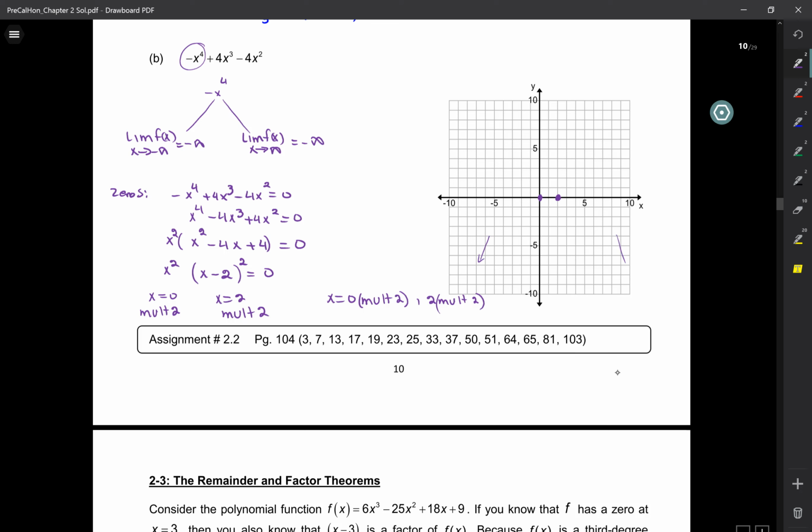So on both ends, it's going to go to negative infinity. All right, so the graph will come up, hit this, turn right back around, hit it again, turn around to hit this again, and then come right back down. All right, let me just fix that a little bit.